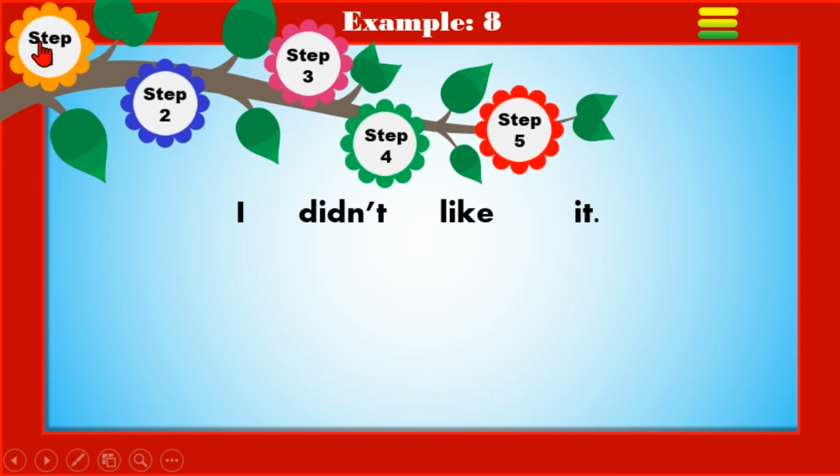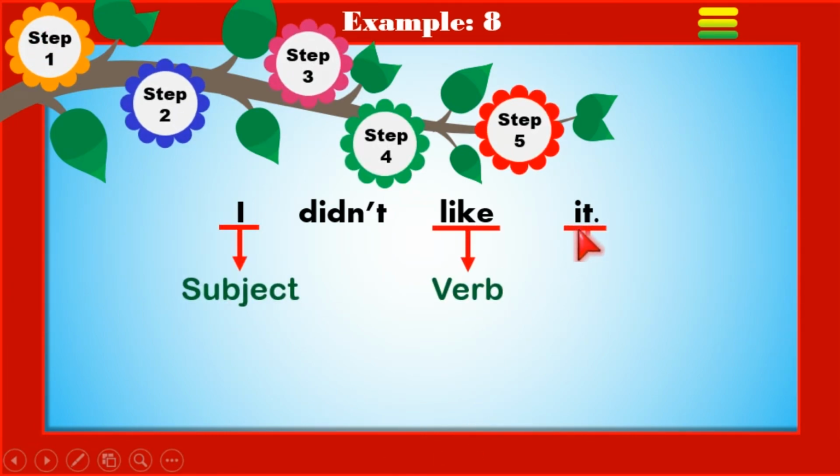Step 1, subject, verb, object. Step 2, subject becomes object. So I, me. Step 3, object becomes subject. And then you carefully notice it, this sentence is negative. And also identify the tense of this sentence.